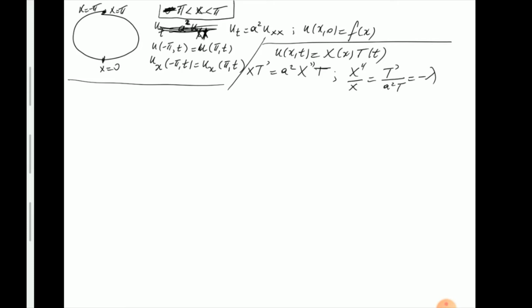So the first one, we have X of minus pi big T of little t should be equal to big X of pi big T of little t. Again, because we want non-zero solutions for any t, this leads to the boundary condition X of minus pi should be equal to X of pi.